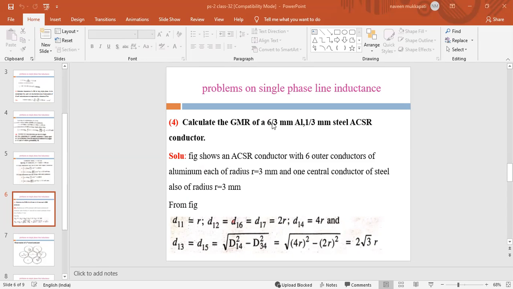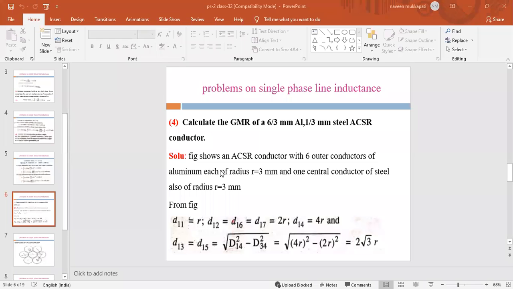Okay, that means we have designed the conductor with 6 by 3 mm aluminium, same as that of 1 by 3 mm steel, an aluminium conductor steel reinforced conductor. After that, using this aluminium and steel reinforced conductor, we calculate the GMR, the geometrical mean radius.